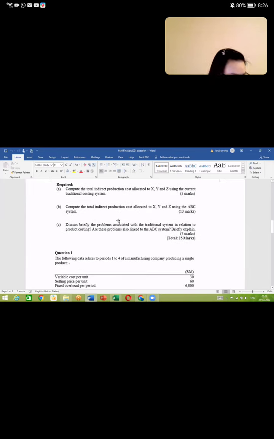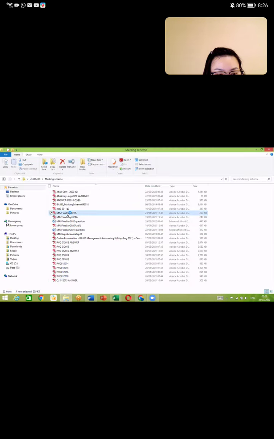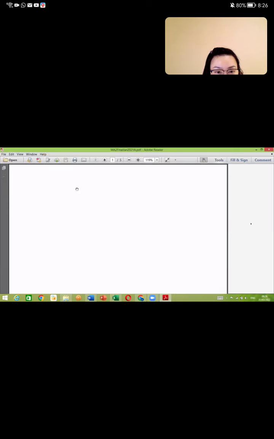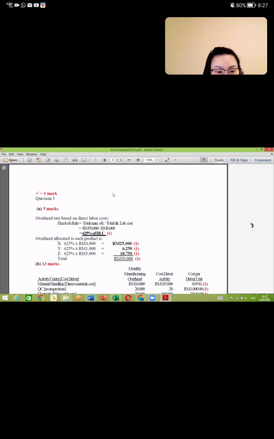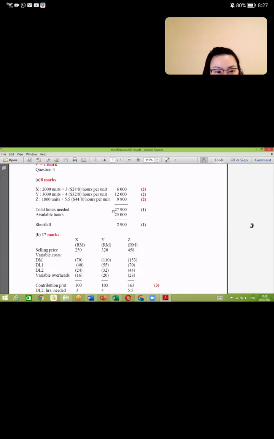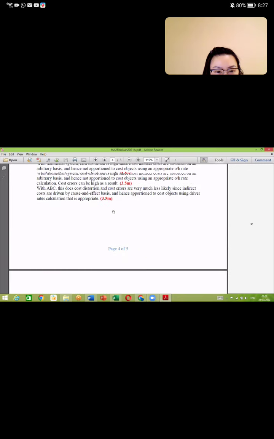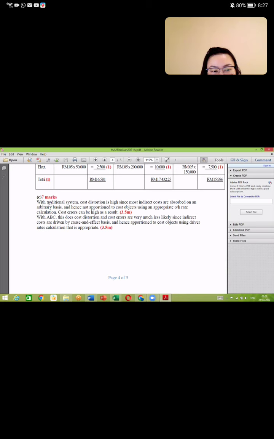Let me look at the answer. With the traditional system, the cost distortion is high, since most indirect costs are absorbed on an arbitrary basis.